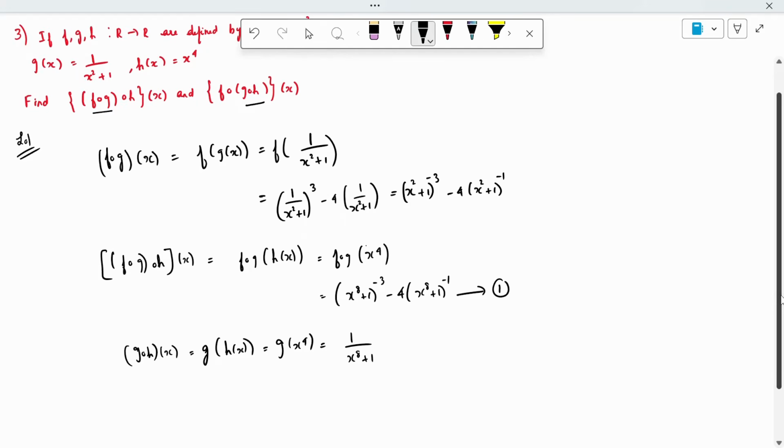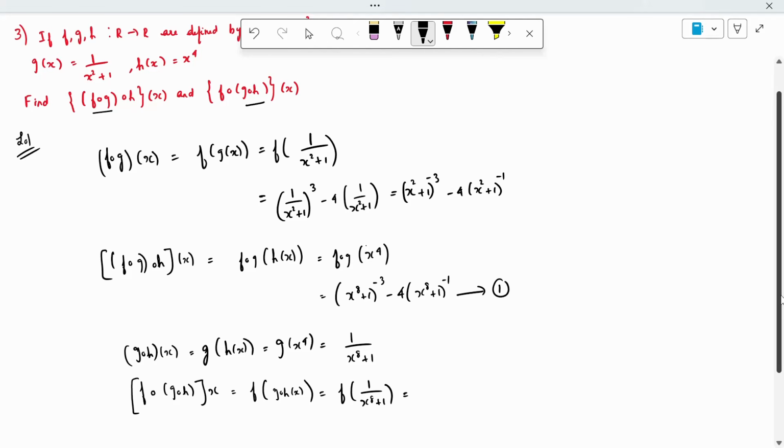Now F composition of g of h of x. So it's nothing but f of G composition H of x. That is the meaning. So it means f of 1 divided by x power 8 plus 1.